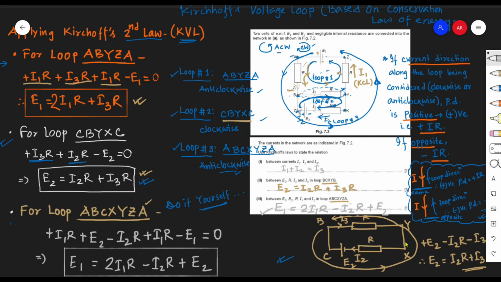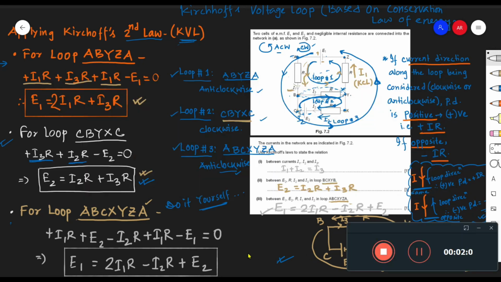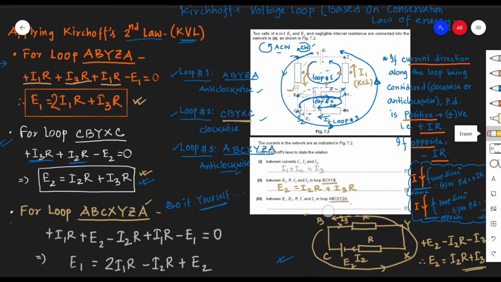Again, the loop is going towards B, towards the left, but current I3 is towards the right, towards Y. So again, negative I3R. So the E2 expression we got here is the same as the E2 expression we got considering the clockwise loop CBYXC.